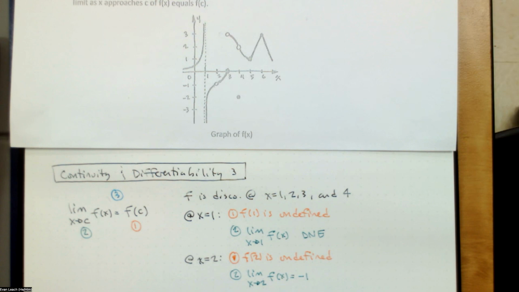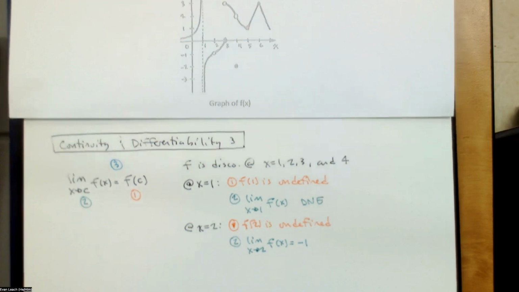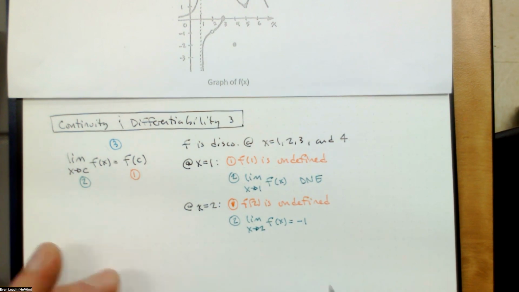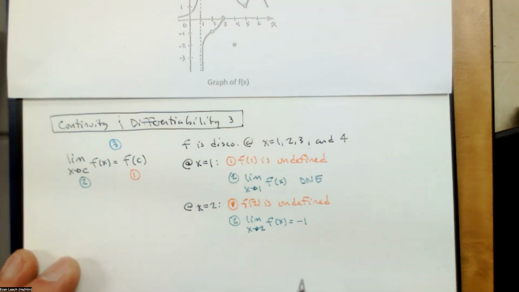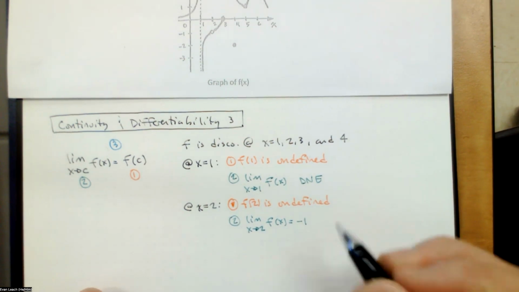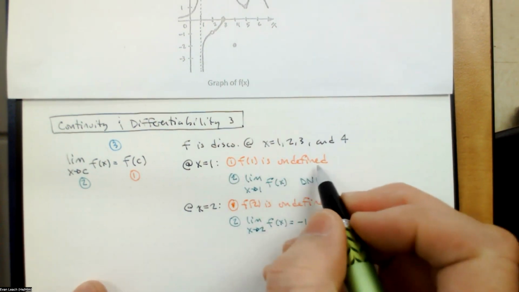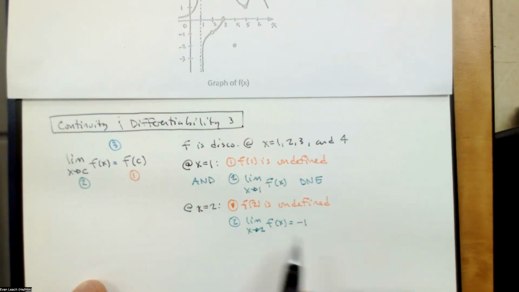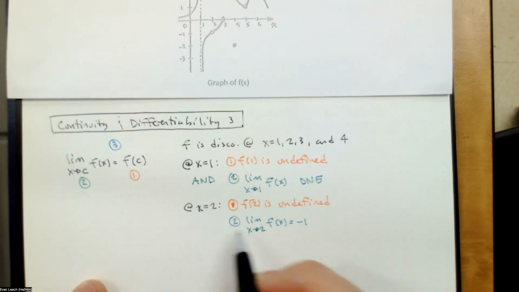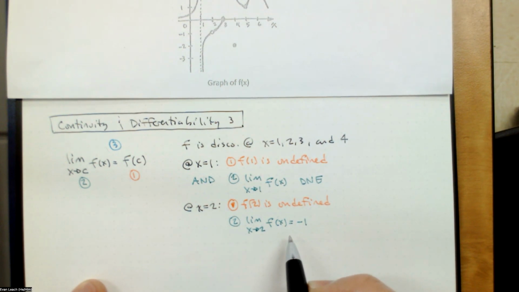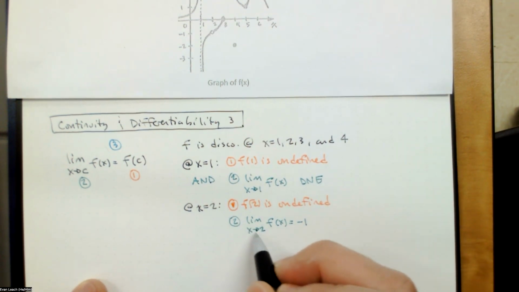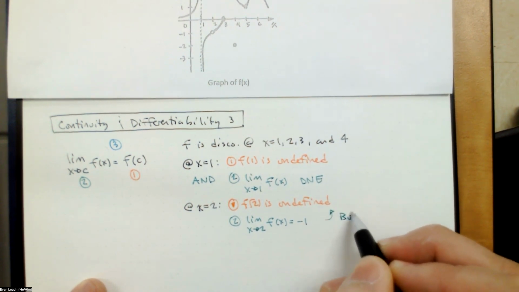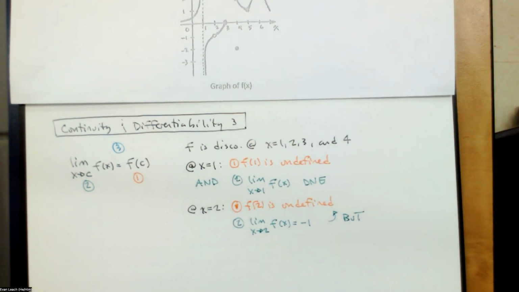There's nothing to put in the equation. So in the first one, I guess we could say f of 1 is undefined, and in the second one, f of 2 is undefined. I should actually say it this way. The limit as x approaches 2 of f of x equals -1, but f of 2 is undefined.